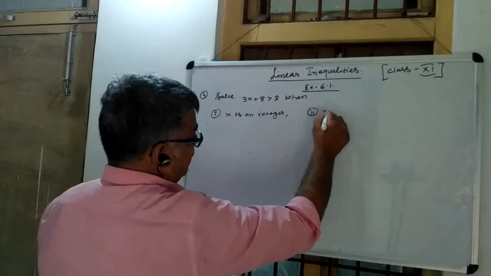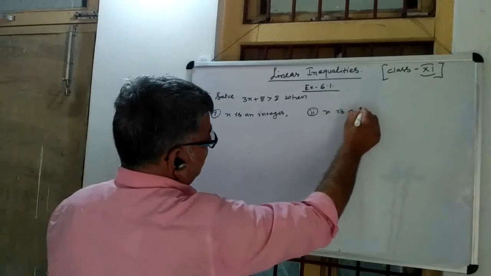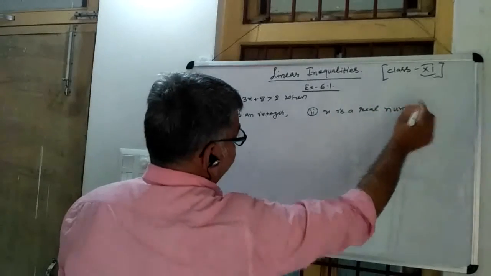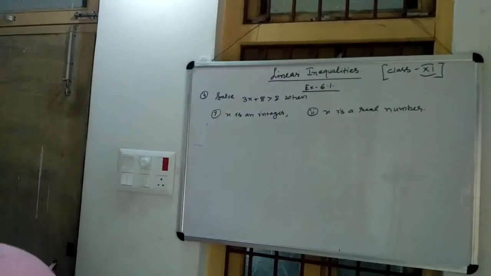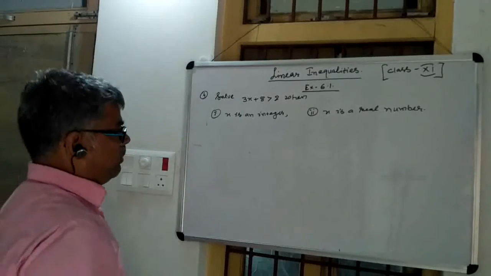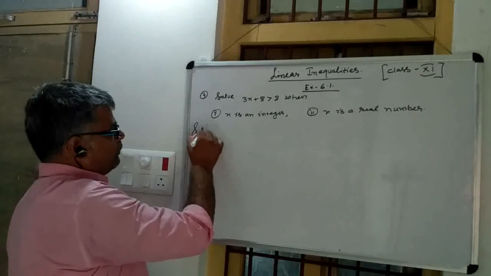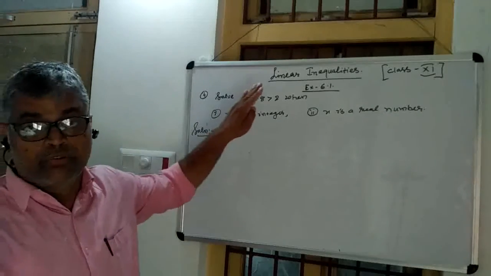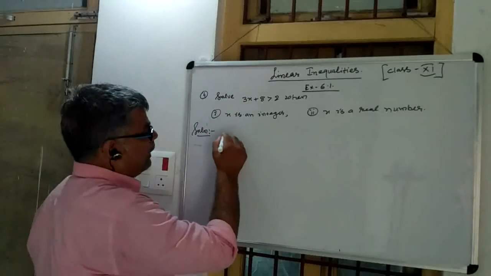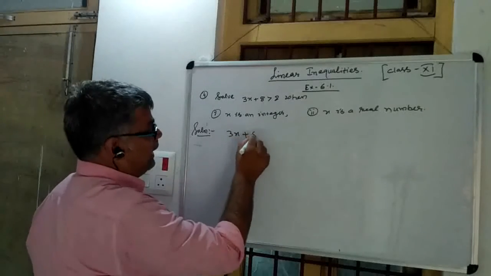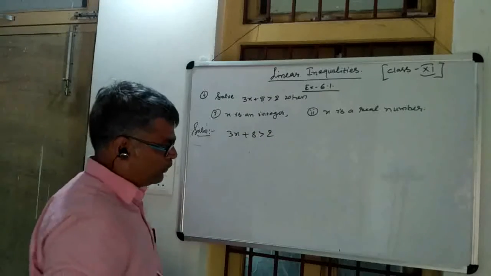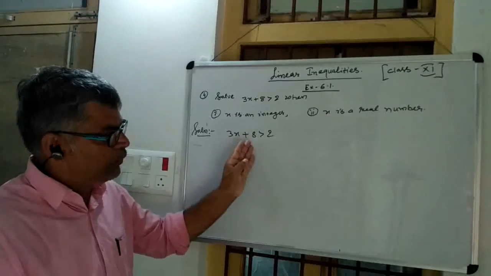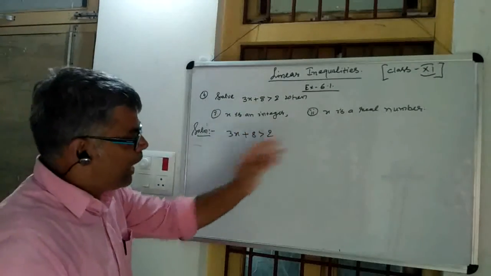Now the solution. First you solve the inequality. Our inequality is 3x plus 8 is greater than 2. Now in the LHS, 8 is a constant, so transpose this 8 to the RHS.